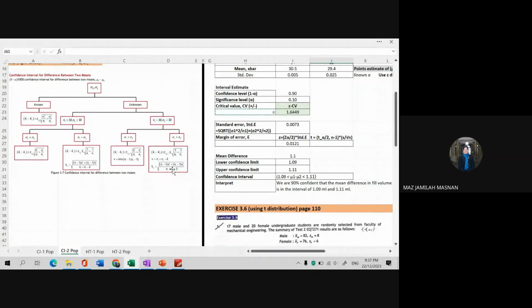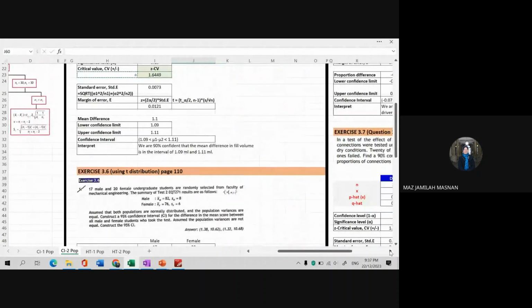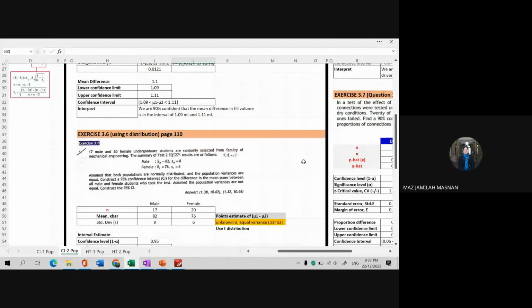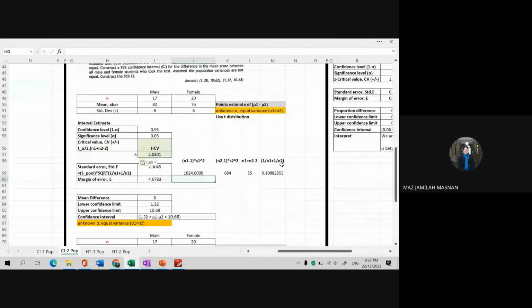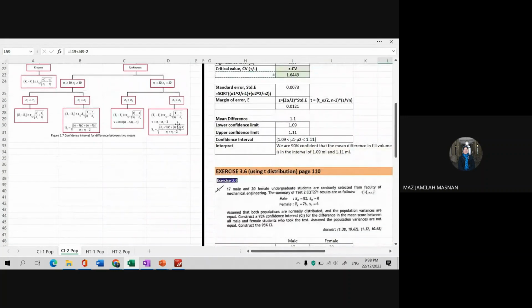Since the formula is a bit too long, I divided the calculation into several parts. This will be the first part, second part, and then this is the last part. So I find it one by one. I use the calculation for S pool, and the last one is this one.